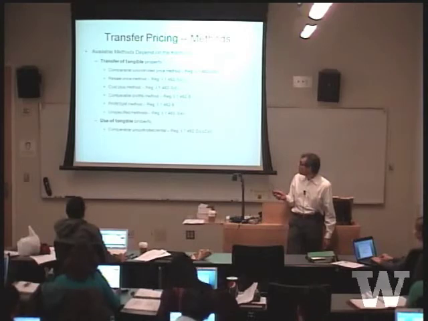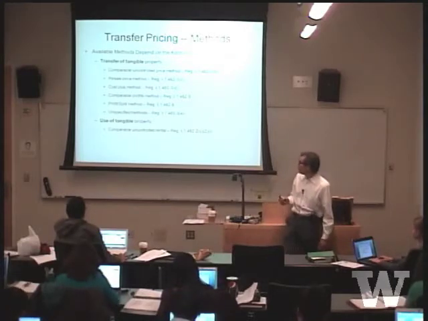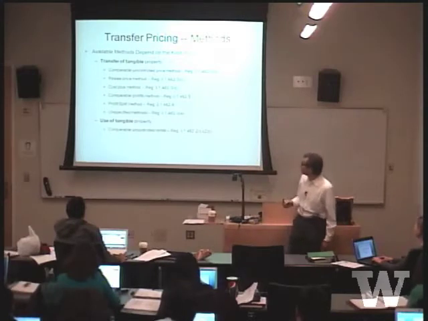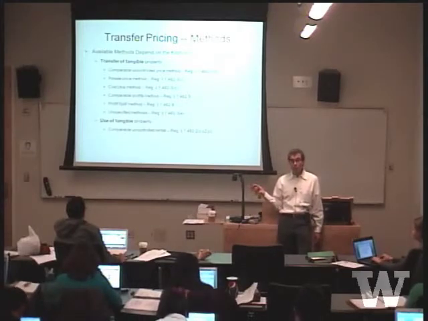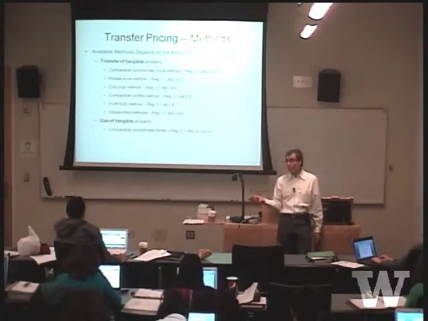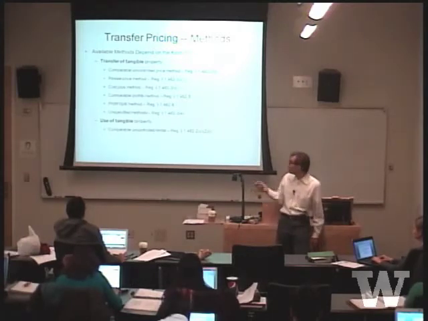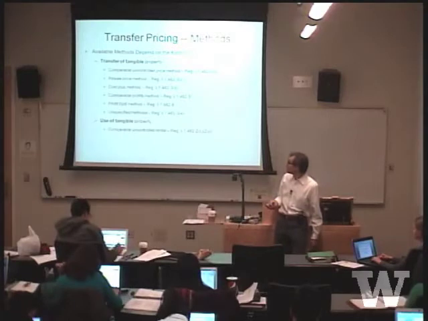Now, just to mention a little something about this particular area where we're talking about primarily sales of inventory or sales of fixed assets that are not inventory. Any transfer of any asset can be covered by these methods.